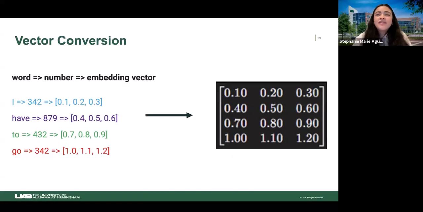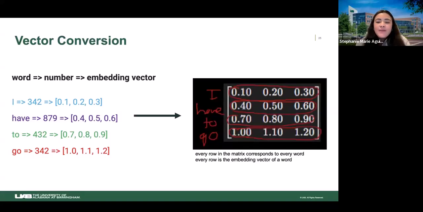Oh no, it's 4 words, the cat is white. So it would be a 4x3 matrix. Each one will be representing that single word. And so every row in the matrix corresponds to every word. So this row will be 1 word, this is another, and again, going downstream the same.